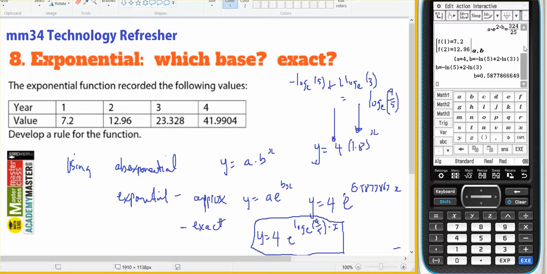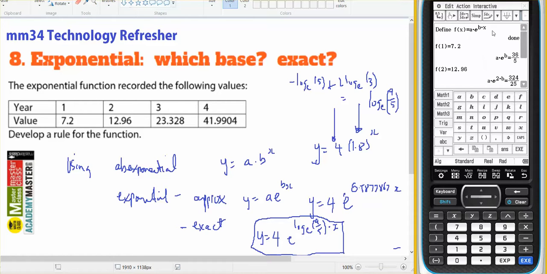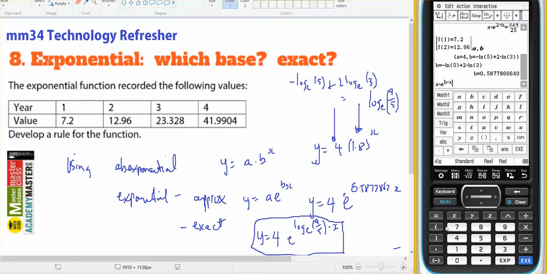Okay, so what have I got here? I've got this, which I will copy and put into a new line, paste, and I'm going to go math 3, given a equals 4, given b equals this.